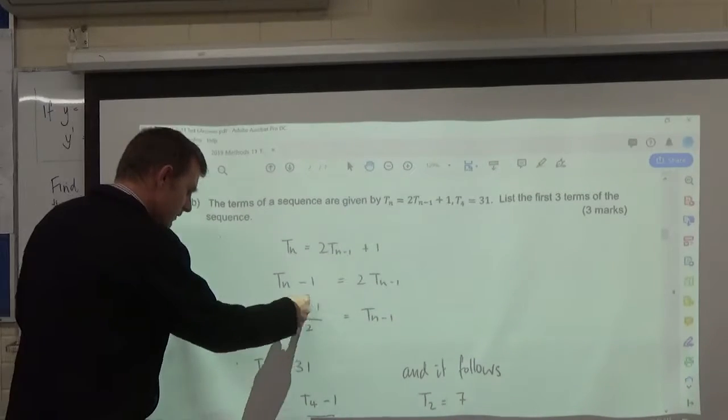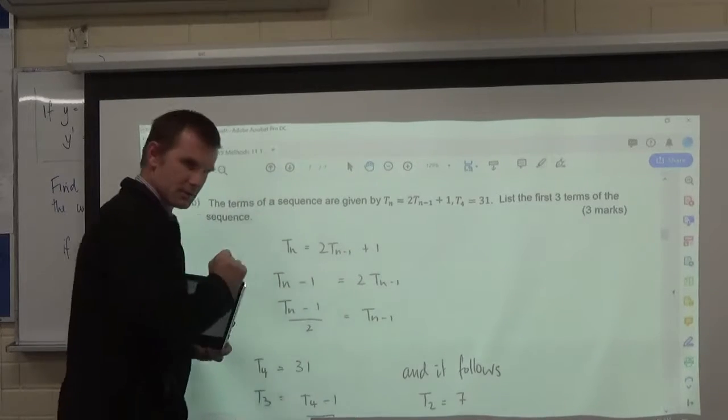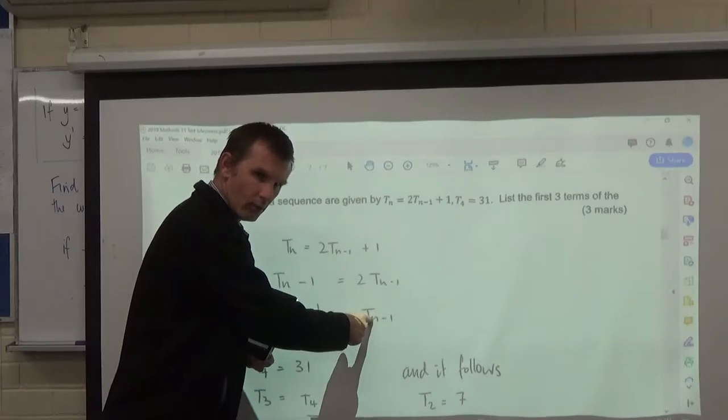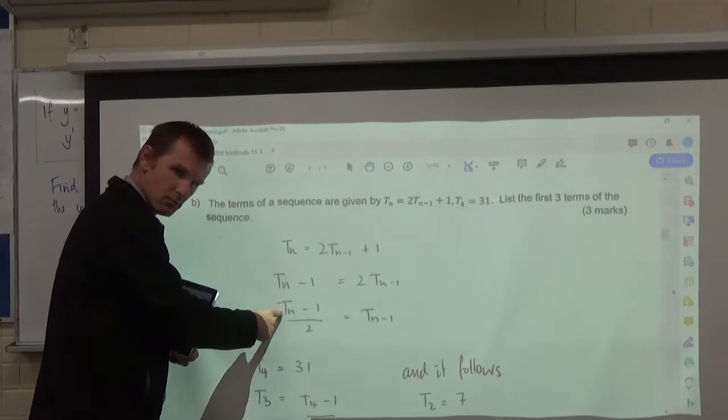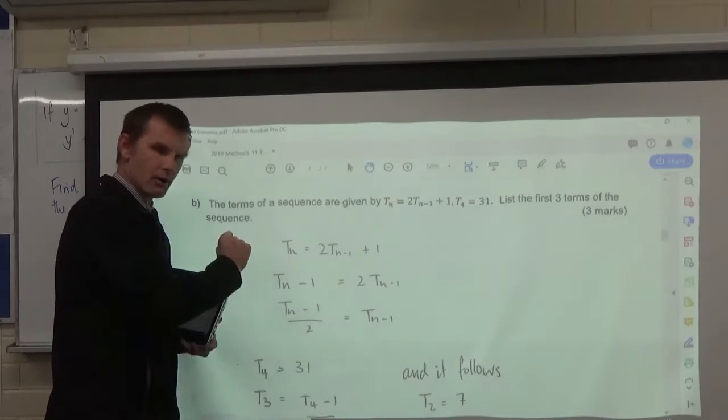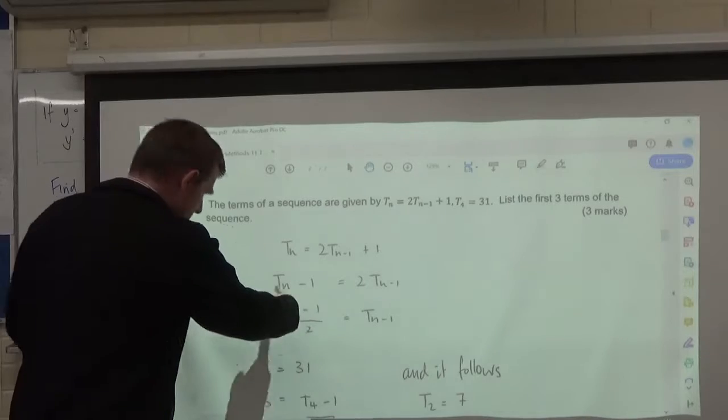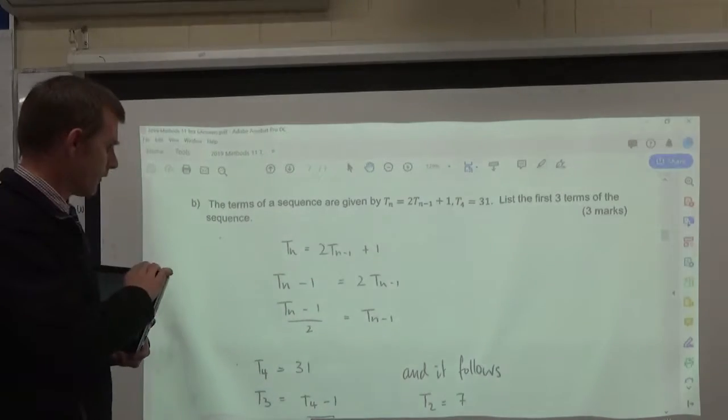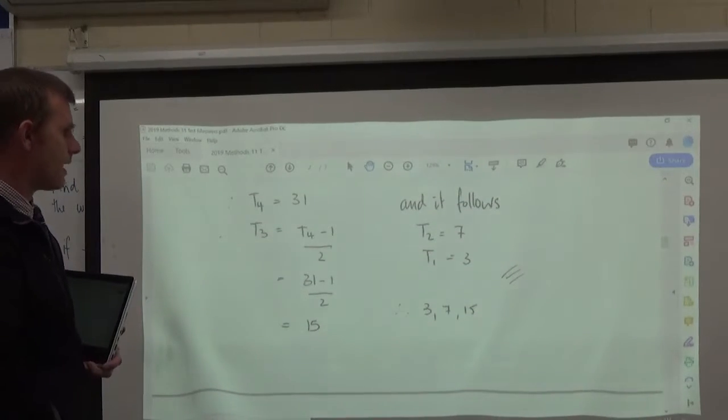Now see, this is not this. This is the term before. This is the current term, its value, minus 1. So this is going to help me to get backwards.